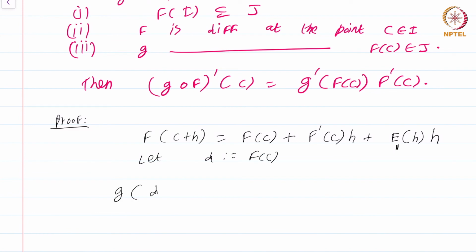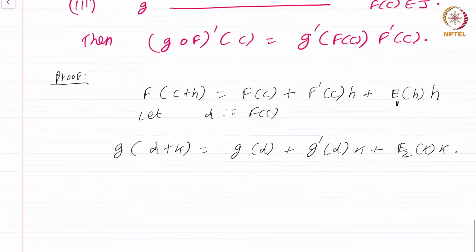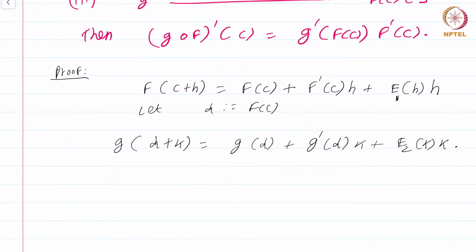g of d plus k is equal to g of d plus g prime d times k plus E2 of k times k. Okay. Now what you do is set k to be equal to f of c plus h minus f of c.